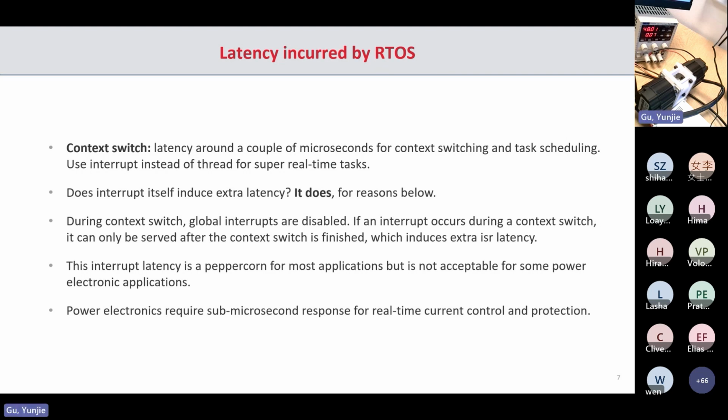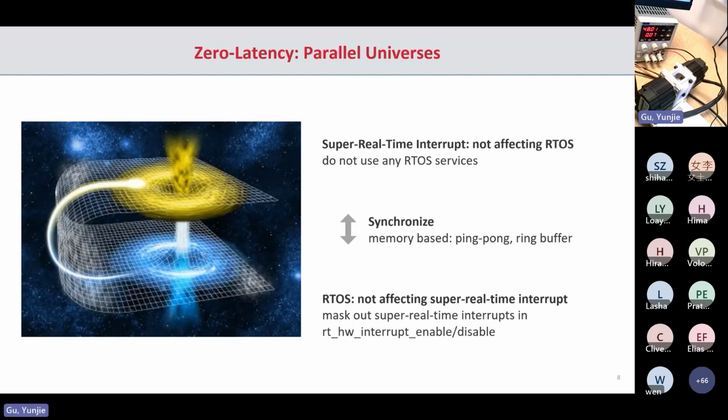In most applications this latency is not a problem. But for power electronic control, it makes a difference. People can't tolerate that. So we have to eliminate this latency on the microsecond time scale. And how do we do that? We introduced a concept of super real-time interrupt, which runs in parallel with the RTOS.